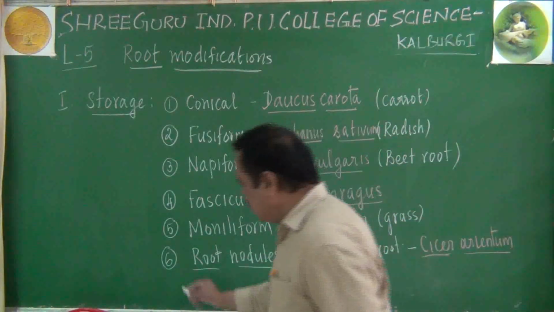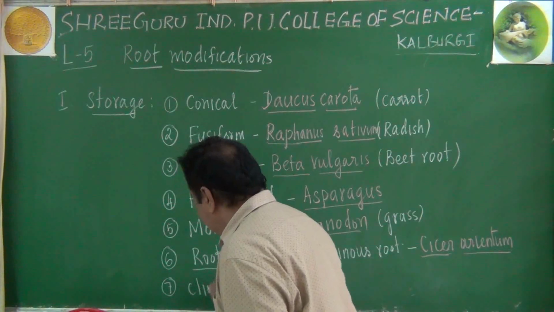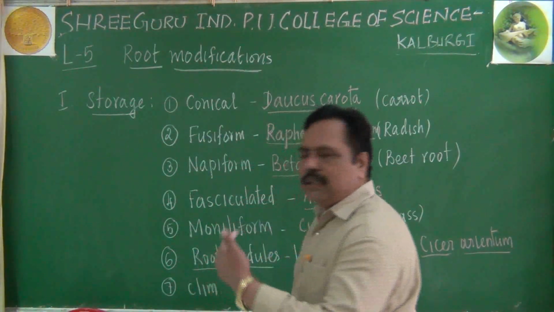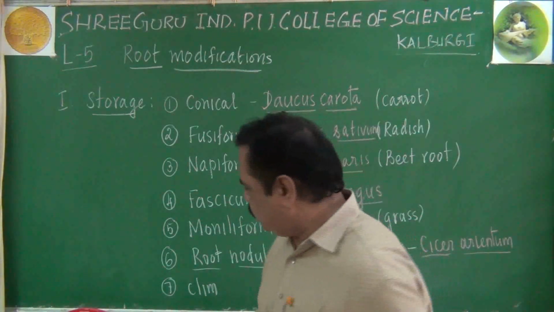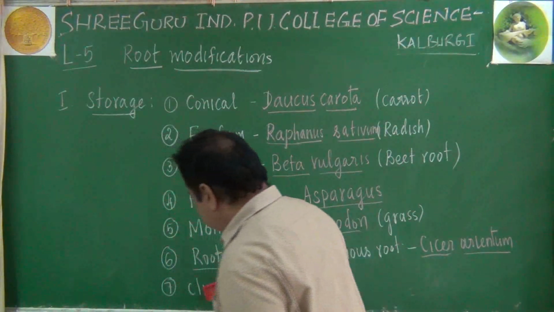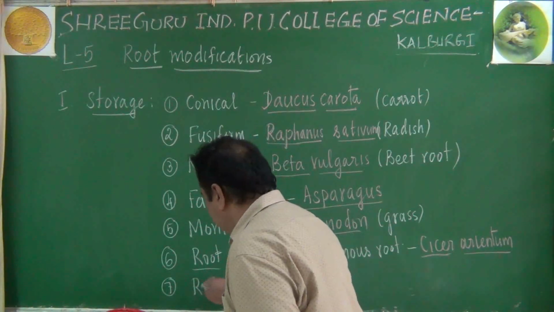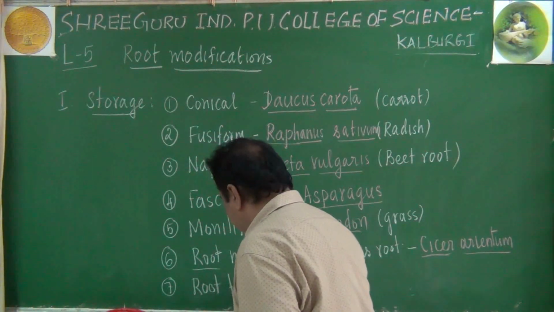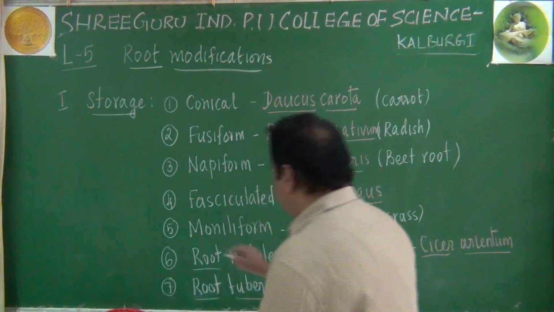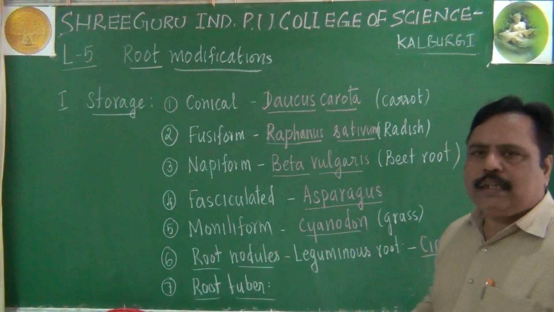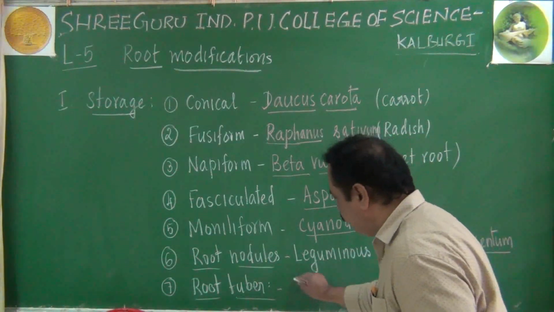In addition to that, even we were talking about climbing roots also. For the sake of support I was telling, but in the case of storage, root tuber we have to remember. Tuberous root. Remember, for root tuber, we have seen some more examples also, that is sweet potato.